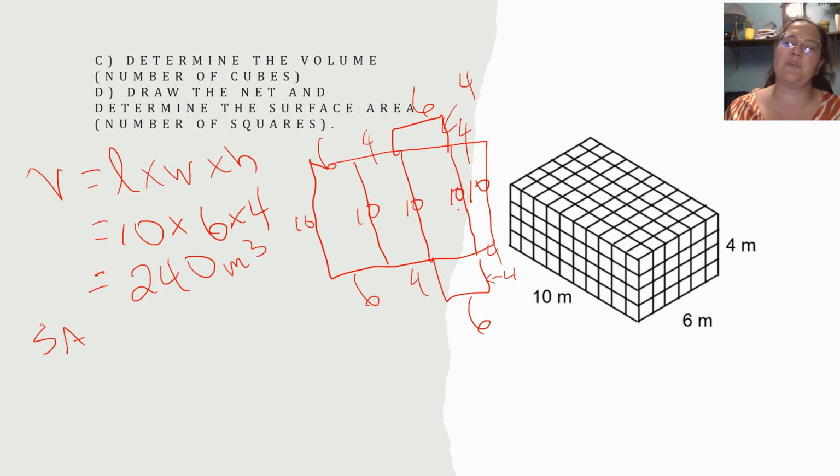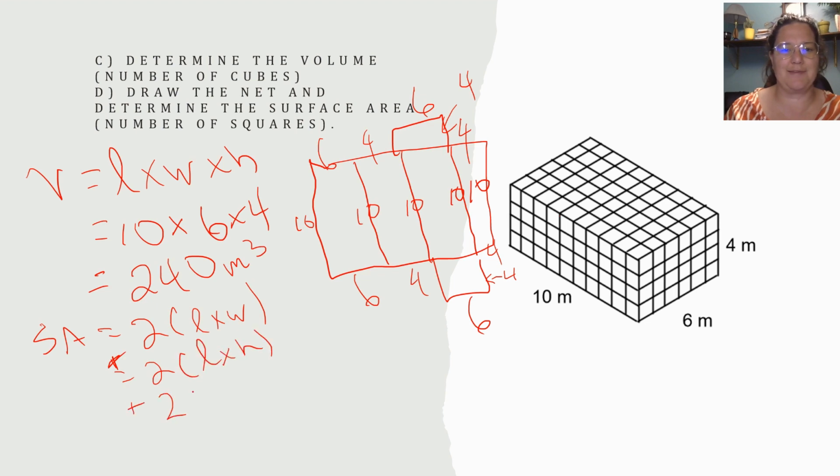So a net is if we took that 3D shape, cut all its sides, and then unfolded it. So now looking at our surface area, we have 2 multiplied by length and width plus 2 multiplied by length and height plus 2 multiplied by width and height.